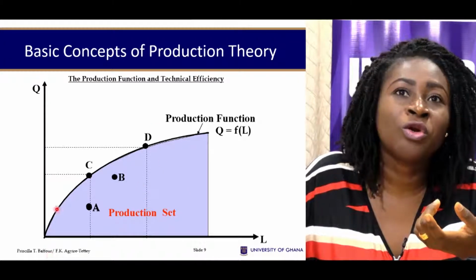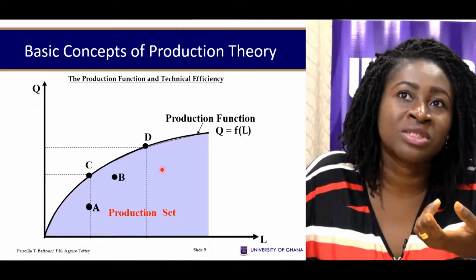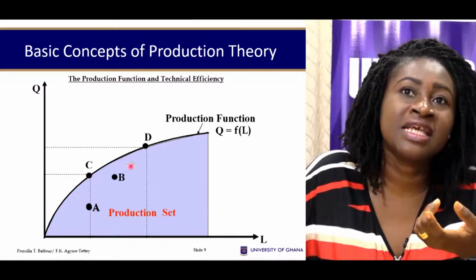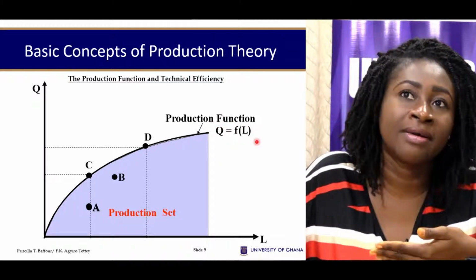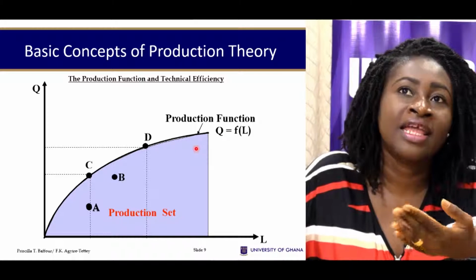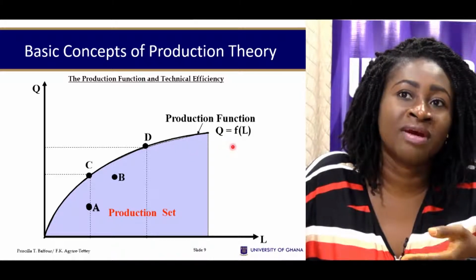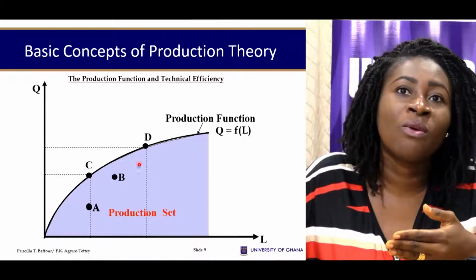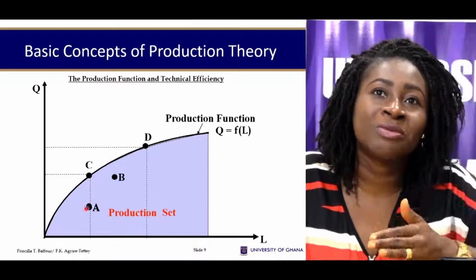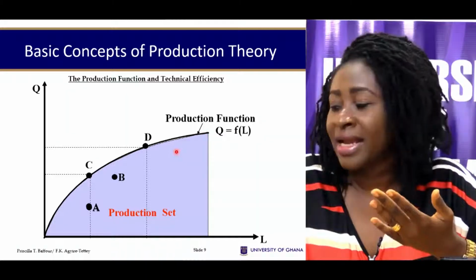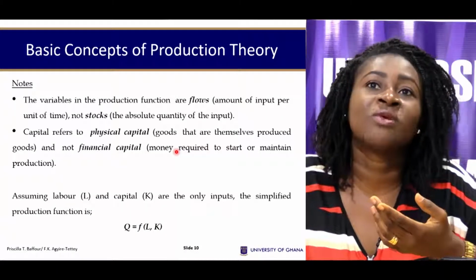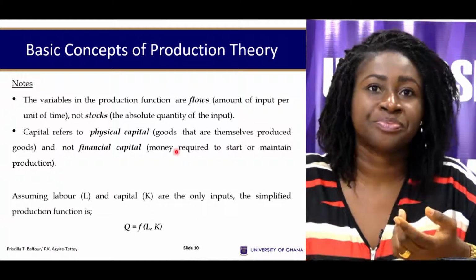So producing on the production frontier, which is the production function, CD, where we have Q as a function of labor, right? So here we are assuming that in the short run, labor is the only variable factor of production. So this gives us the optimum, the efficient output that is produced by combining a given set of labor and capital.